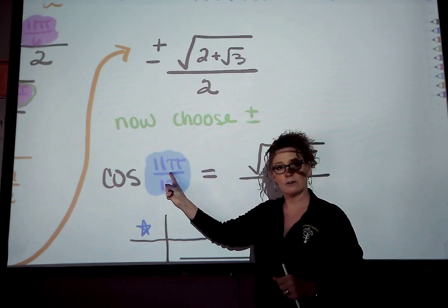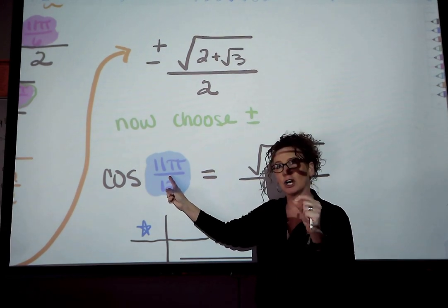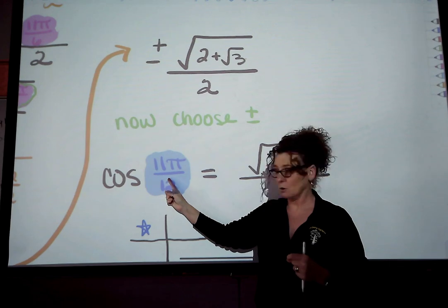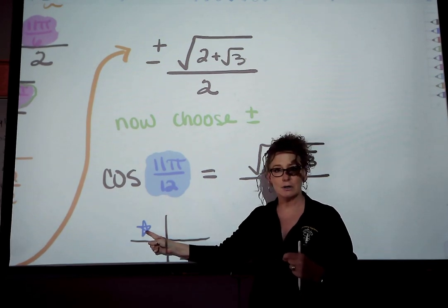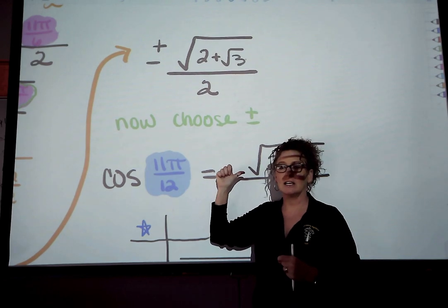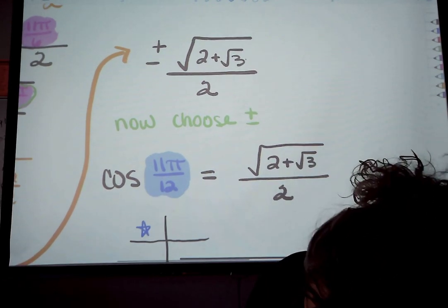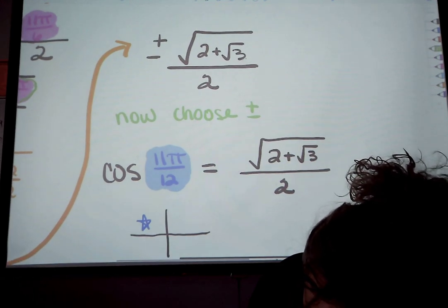Well, where is this angle? This angle is just under 12 pi over 12, which puts us in quadrant 2. Tell me something about cosine fractions in quadrant 2. Yep. They are negative.